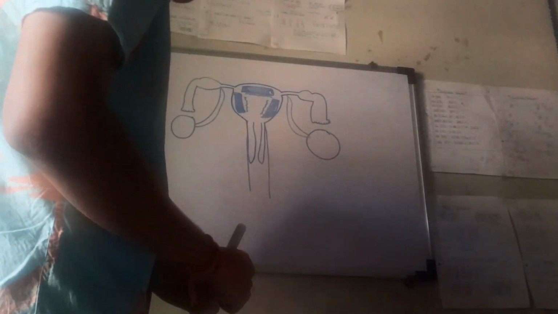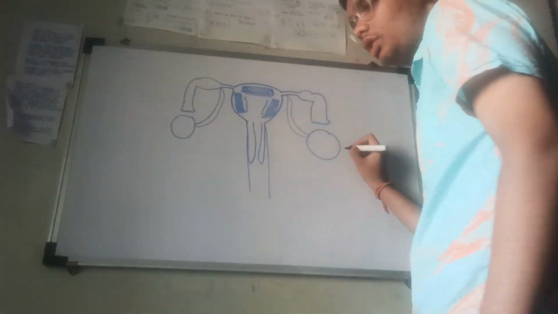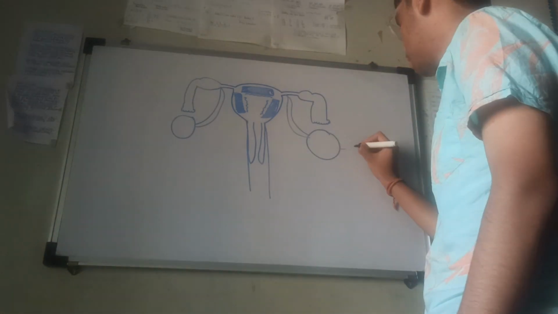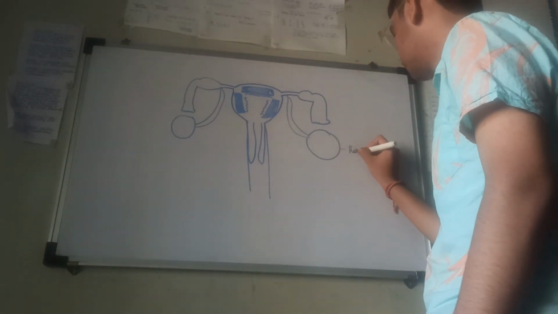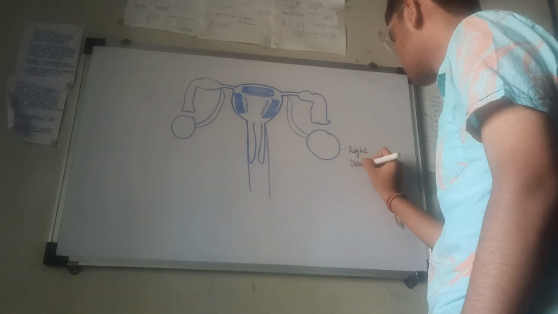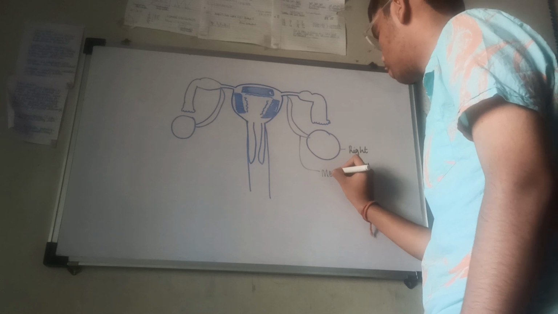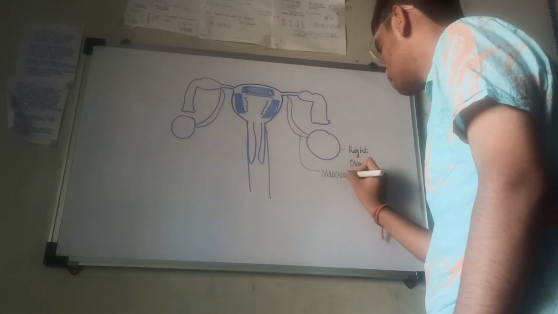So you can label with me, pause the video and draw the structure. So let's label. So this is the right ovary. This is the mesovarium or the ovarian ligament, as you can say.